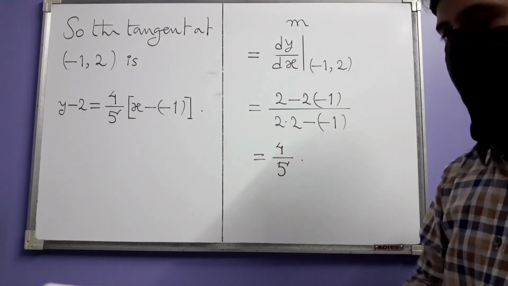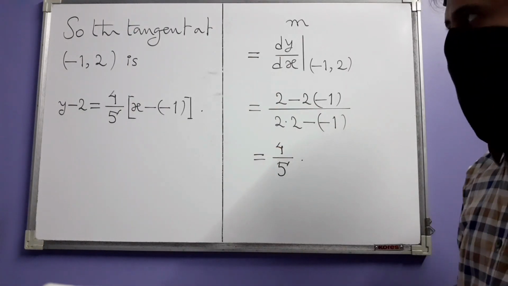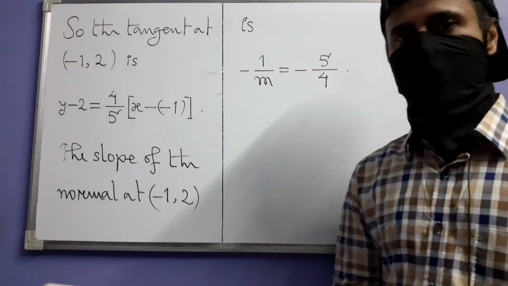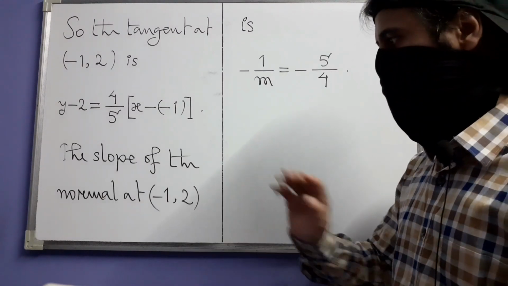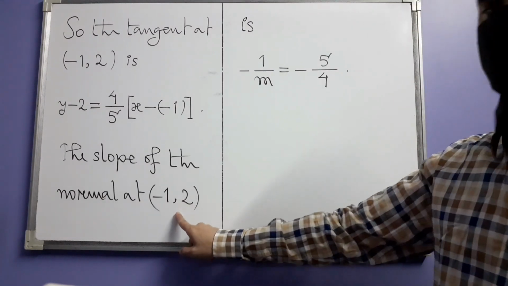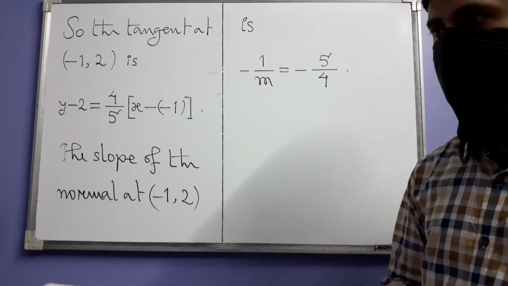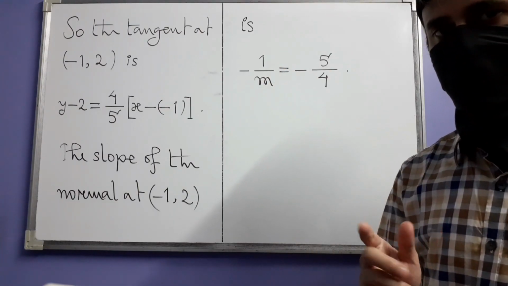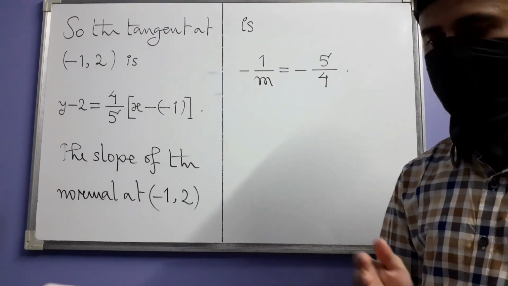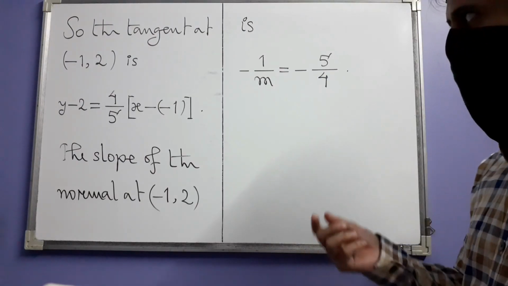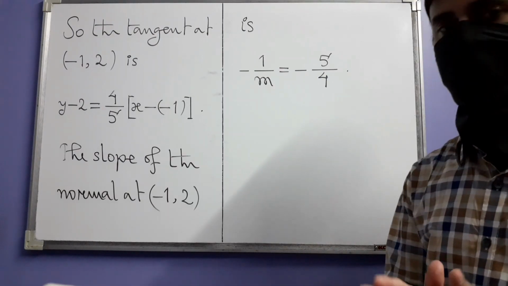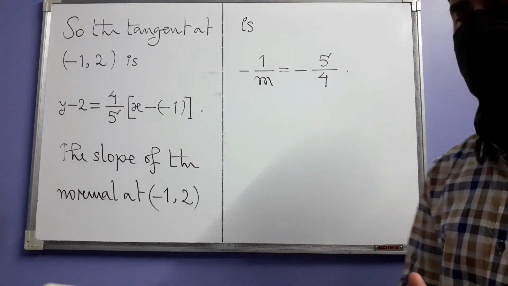And next we are going to find the normal through that same point. So first we find the slope of the normal at that point, which is minus 1 divided by m. Because the tangent has slope m and the normal is perpendicular to it, so you know already the relationship between the slopes of two lines which are perpendicular to each other.